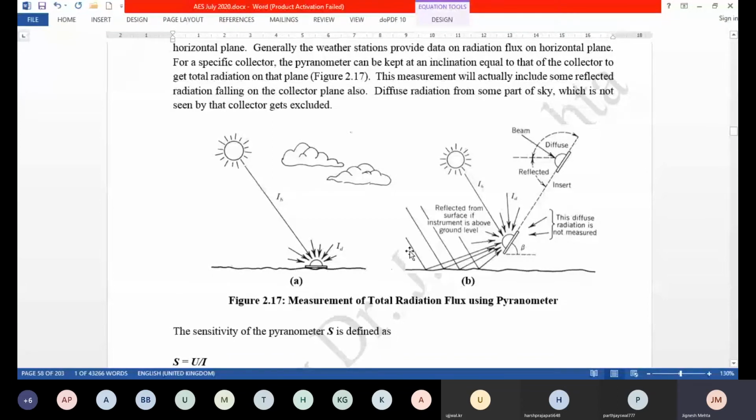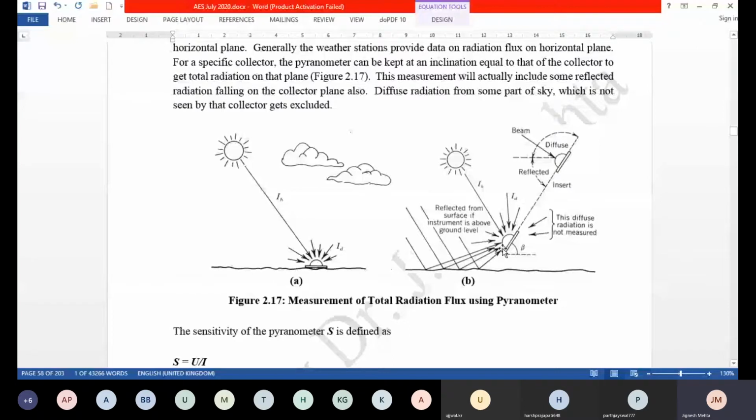So rho for clay and grass is taken as 0.2. So 20% of the total radiation that is falling, that is IB plus ID as measured on the horizontal plane, gets reflected and it can be received by the collector, right? So that is what is available on this inclined plane.